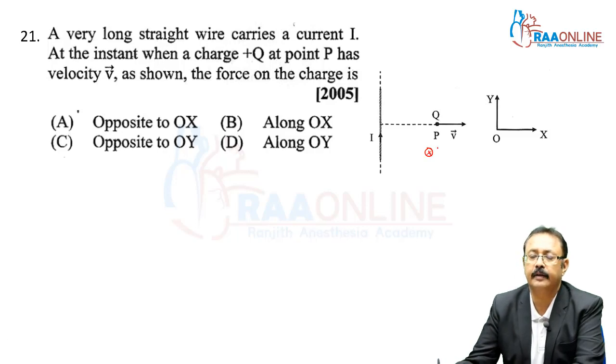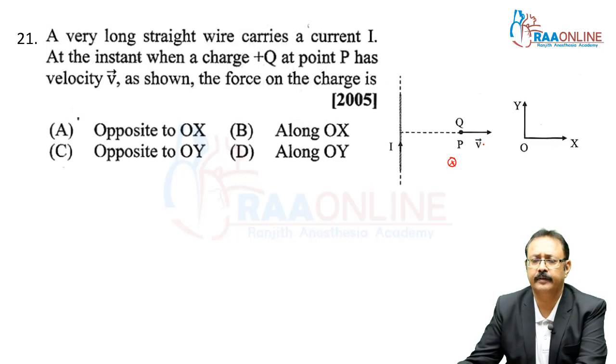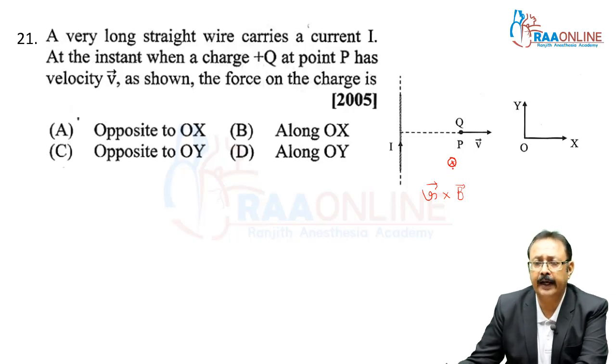This, and it is V. And we know that the direction of force is the direction of V cross B. Inward means negative Z axis.